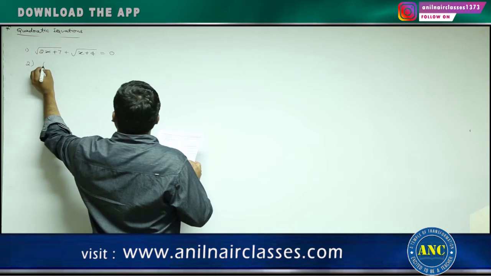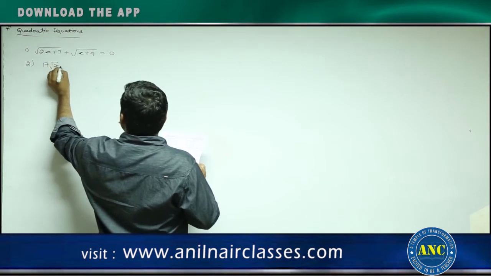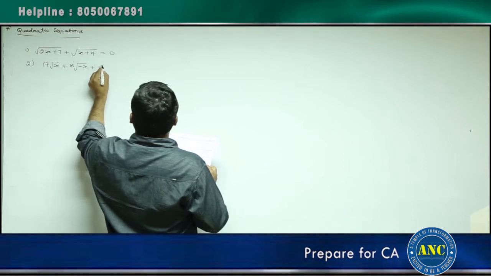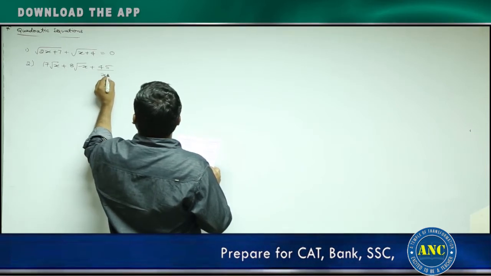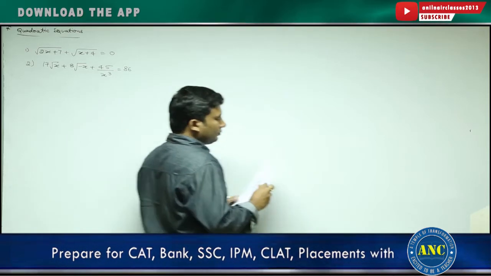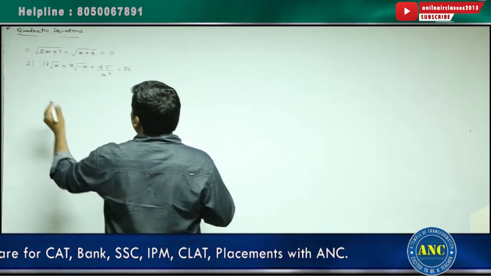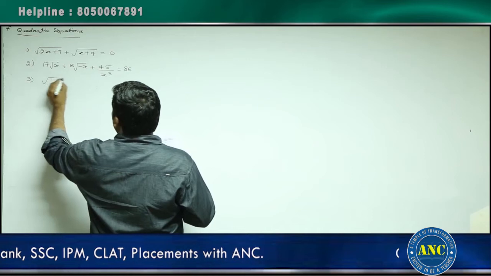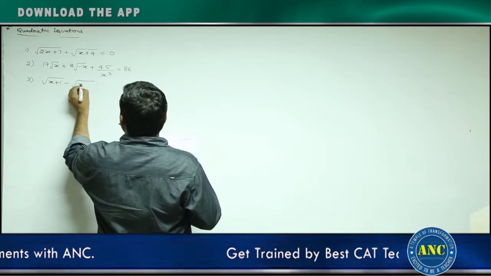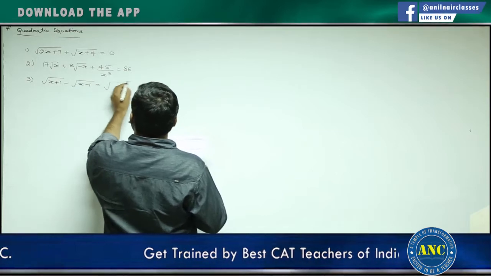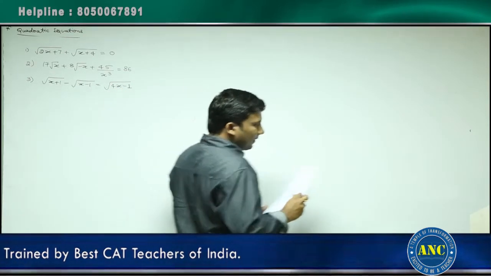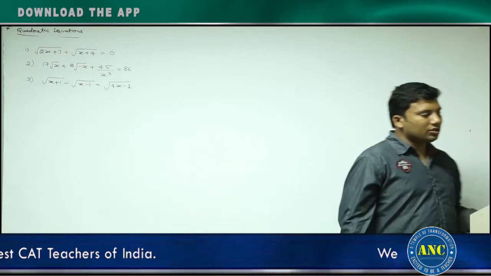Second: 17 root x plus 8 root of minus x plus 45 by x cube equals 86. Third: root of x plus 1 minus root of x minus 1 equals square root of 4x minus 1. We'll solve these three questions.